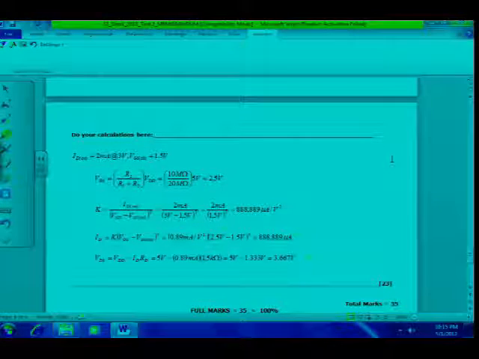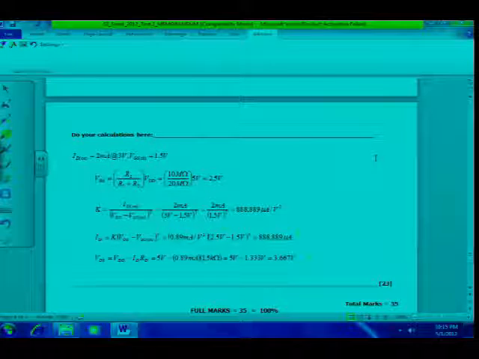VGS 2.5 volts, 1 mark. Then you had to calculate K, 888,889 microamperes per square volt, 2 marks. ID, 888,889 microamperes for another 2 marks.